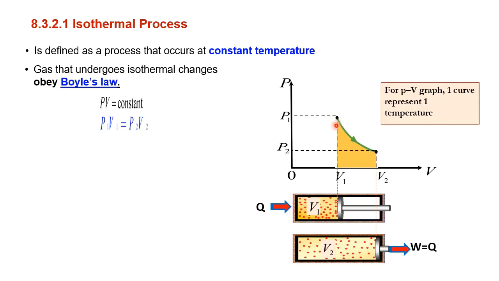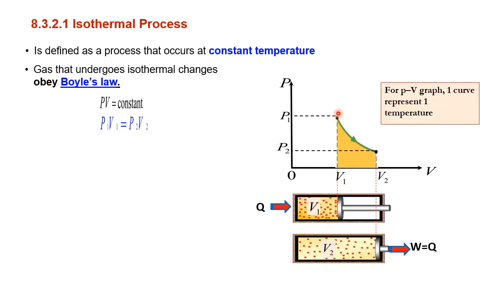Pressure 1 multiplied with volume 1 is equal to pressure 2 multiplied with volume 2. And if we choose any point along this curve, the pressure times volume is equal to the pressure times volume on any point on this curve.